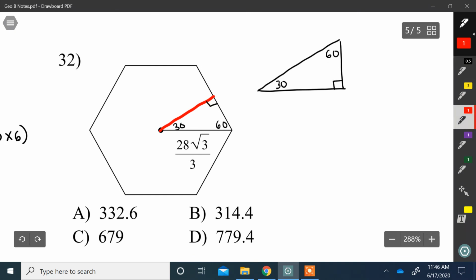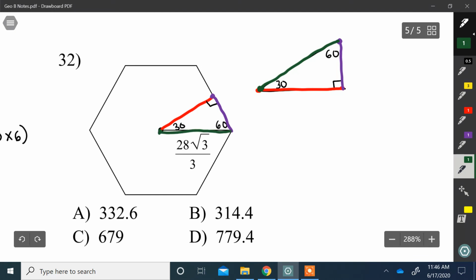Okay, this red portion, the apothem, is this right here. And then the green portion is what they're actually giving us.